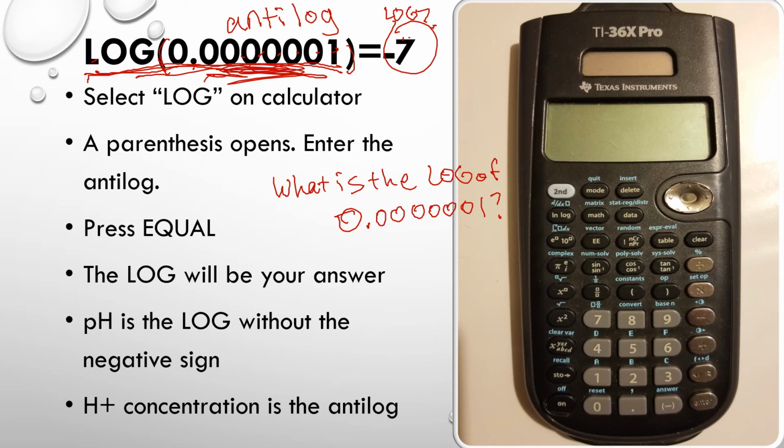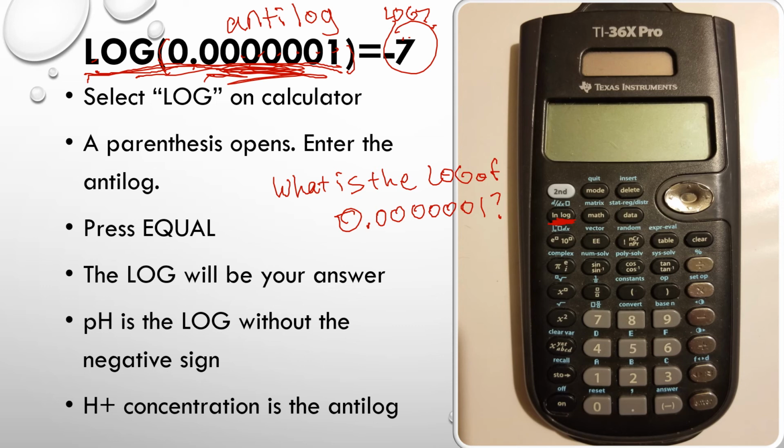So what you're going to do on your calculator to find this is select log first. If you can see right here, this is where log is on my calculator, and yours might be different. If yours is different, you're always welcome to contact me or talk to your professor, who can look at it and help you figure it out.